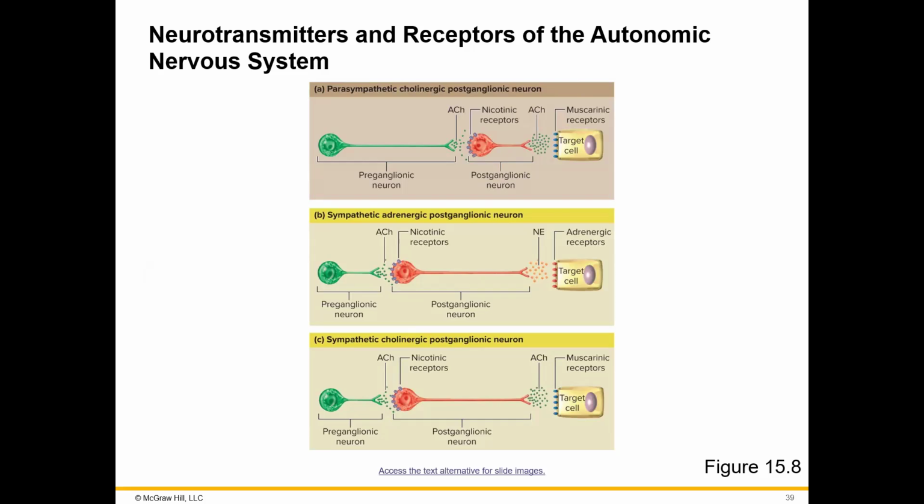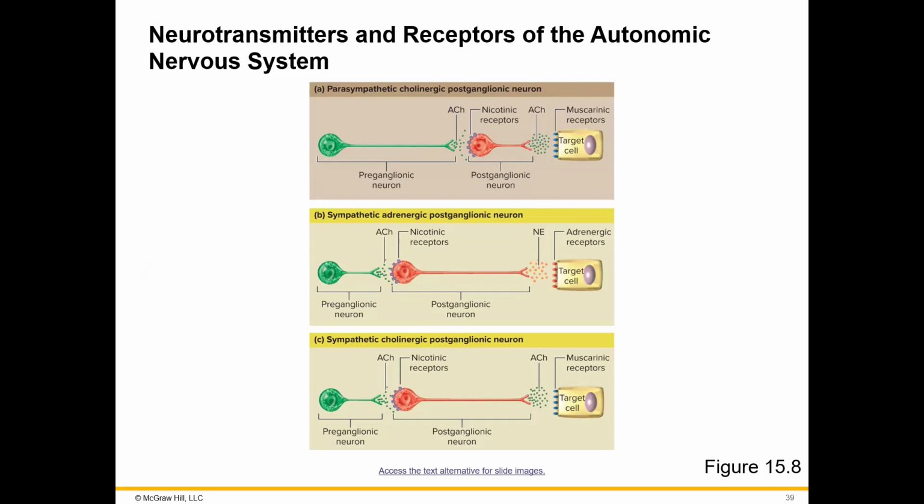But epinephrine doesn't do that. Norepinephrine, when it binds its receptor, it's not a channel. It doesn't allow for the entry of anything. What it does is bind a G-coupled protein receptor.